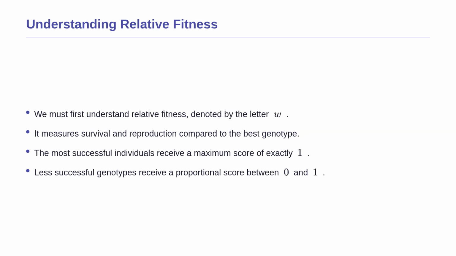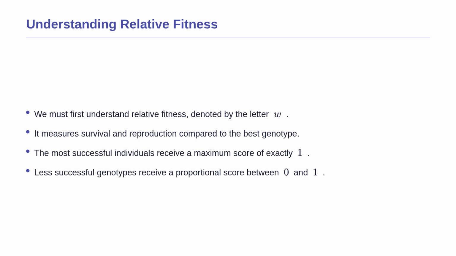Before we can calculate the selection coefficient, we must first understand its direct relationship with another foundational concept called relative fitness. Relative fitness measures how well a specific genotype survives and reproduces compared to the absolute best genotype in the population.